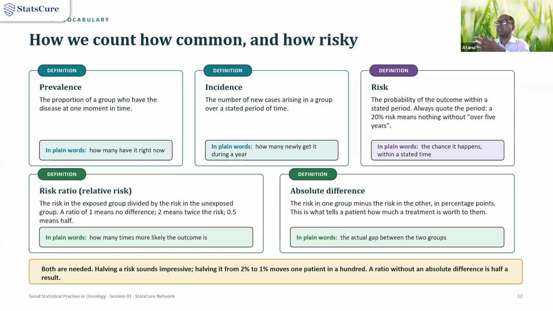Similarly, in the general population, if they smoke, what is the risk of having cancer, and if they don't smoke, what is the risk of having cancer. That is basically risk calculation.